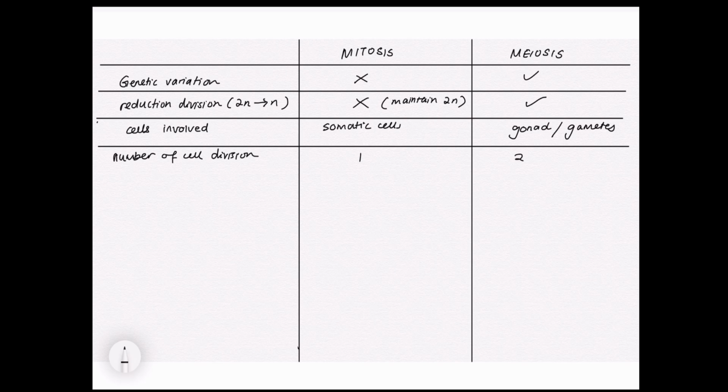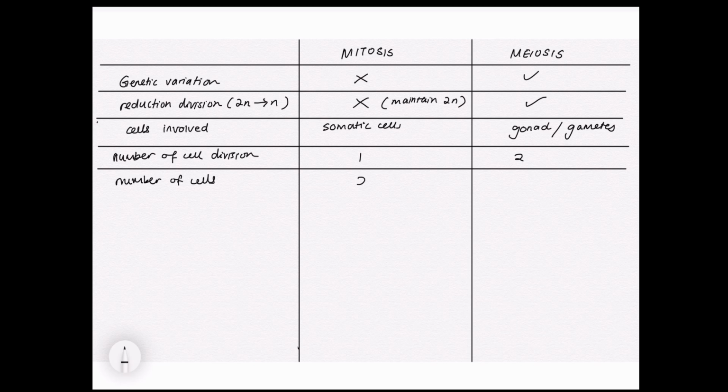That means you have twice the number of cytokinesis. So you end up with how many cells? This one you will get only 2 cells because one cell splits into 2. While this one you have one cell splitting into 2 and 2 splitting one more time. So you get 4.